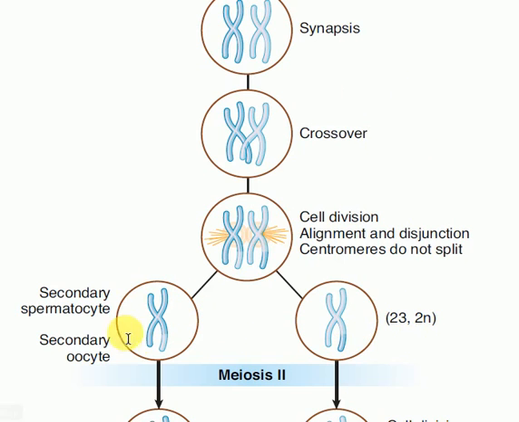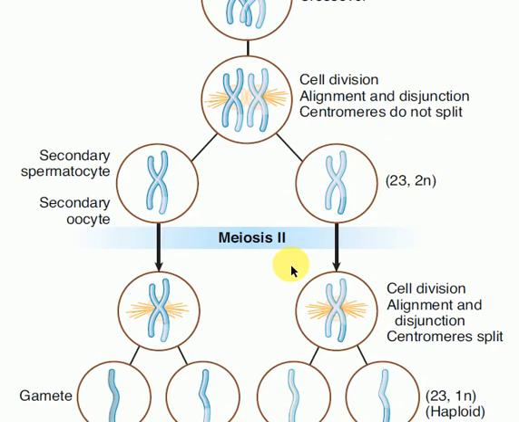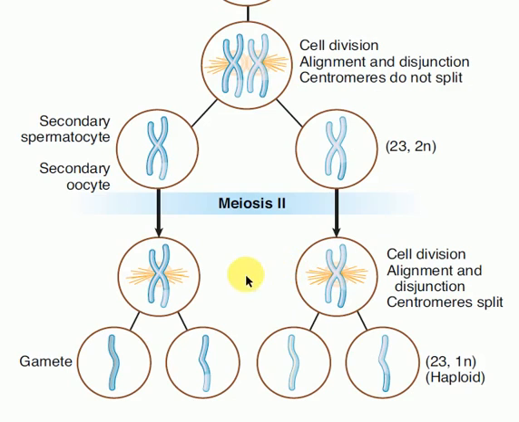Now, these cells which have undergone the first meiotic division are known as the secondary spermatocytes or the secondary oocytes. When the secondary oocytes and the secondary spermatocytes undergo the second meiotic division, each daughter cell produces two more cells.